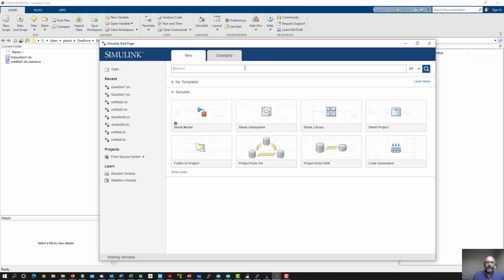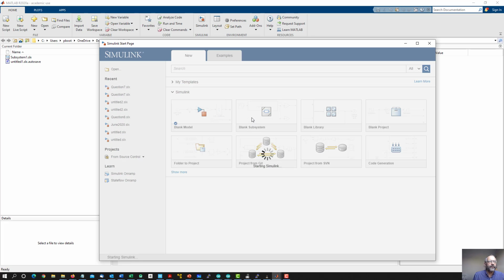So if you open Simulink, you'll get this window, and then you can either open one of the earlier projects or start a new one. Blank model. Takes a while to open.